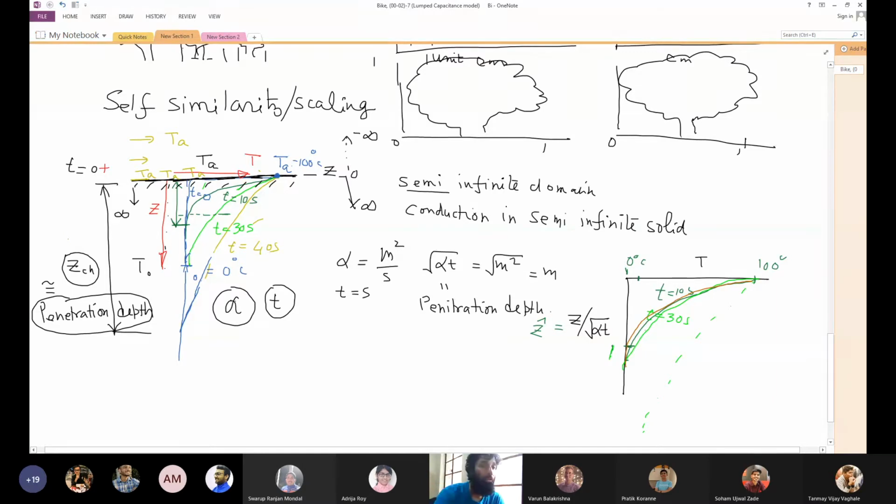Those look the same, and it turns out those are actually exactly the same curve.